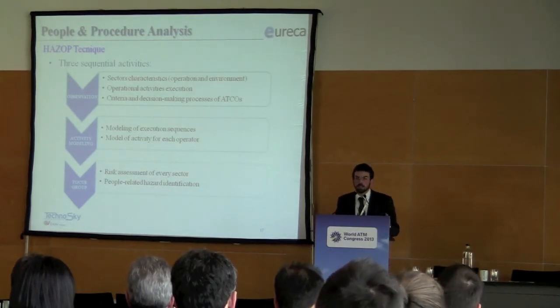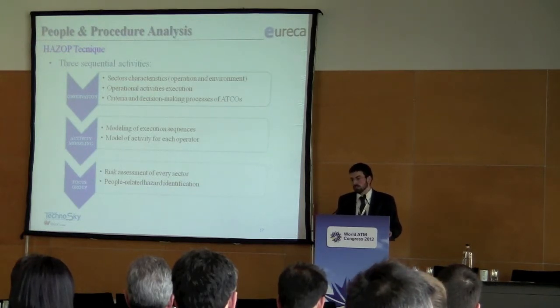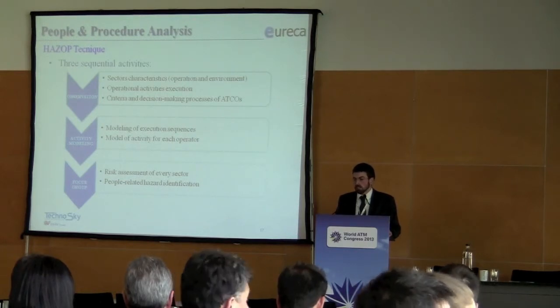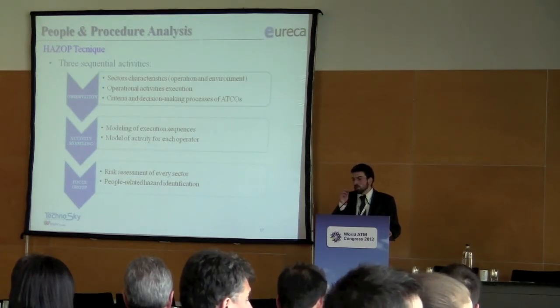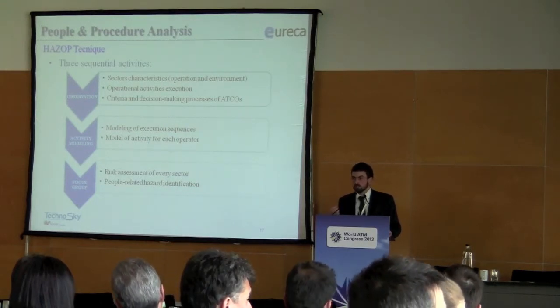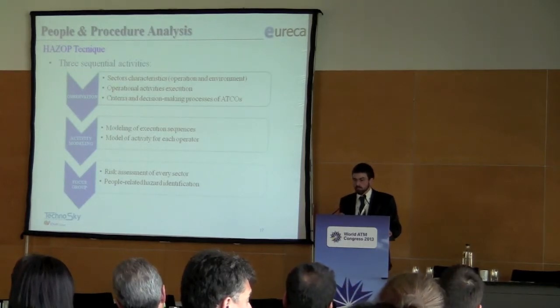Okay, the awareness is fundamental. We have to observe the sector characteristics, we have to observe the operational activities execution, and we have to know the criteria and decision-making process of the air traffic controllers, of each air traffic controller.